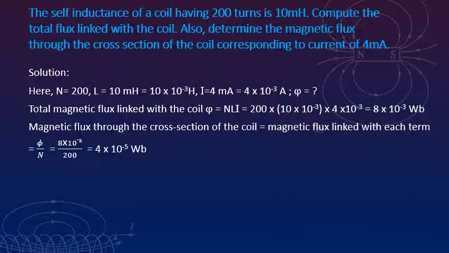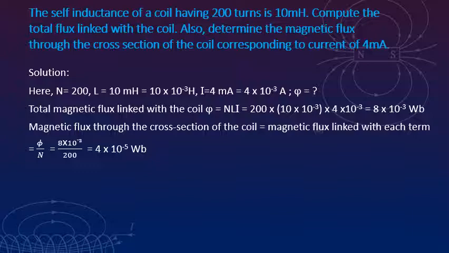Next is the self-inductance of a coil having 200 turns is 10 millihenry. Compute the total flux linked with the coil. Also, determine the magnetic flux through the cross-section of the coil corresponding to current of 4 milliampere.